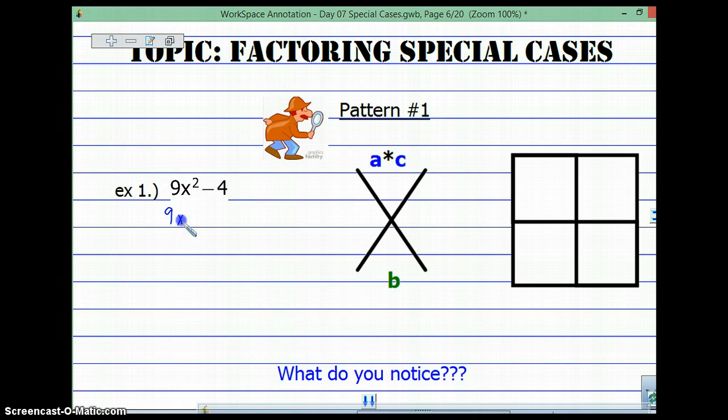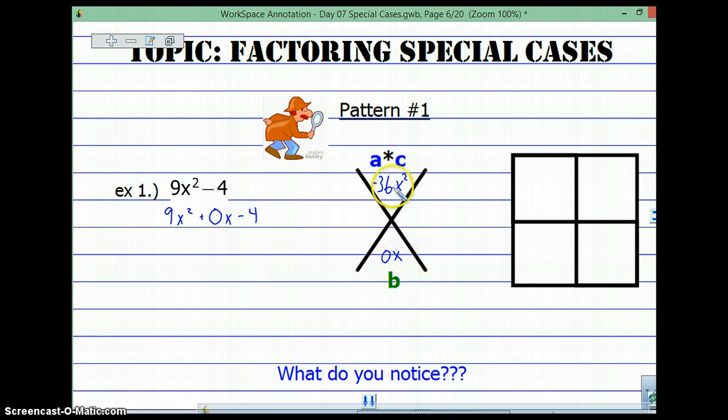We could say this is 9x squared plus 0x minus 4. Now, up in the top of your x, we do a times c, and we end up with negative 36x squared. What's your b? 0x.